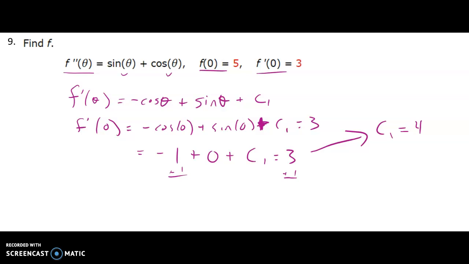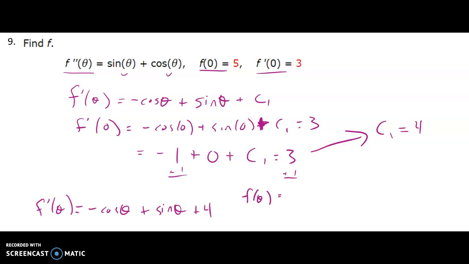Okay, so that allows me to write my first derivative as f prime of theta equals negative cosine theta plus sine theta plus 4. Repeat and find the function.